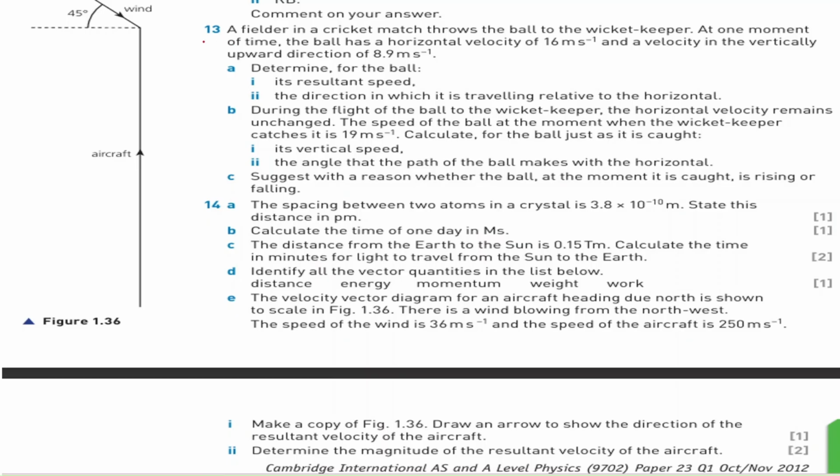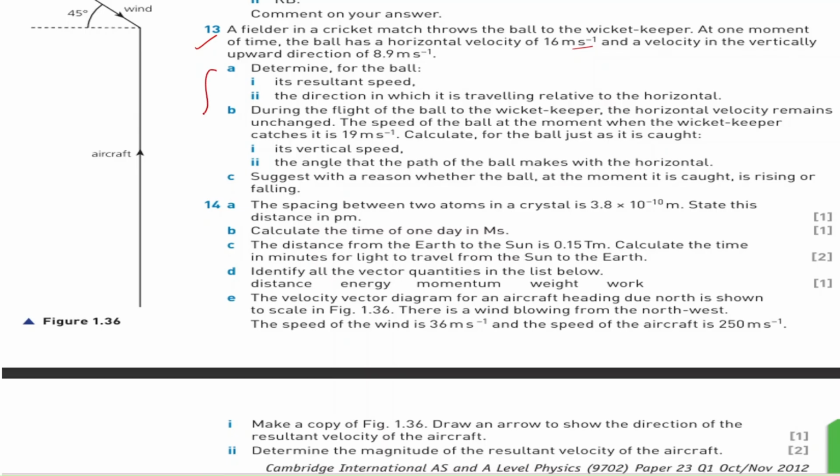Now we have question number 13, which says a fielder in a cricket match throws the ball to the wicketkeeper. At one moment of time, the ball has a horizontal velocity of 60 meters per second and a velocity in the vertical upward direction of 8.9 meters per second.